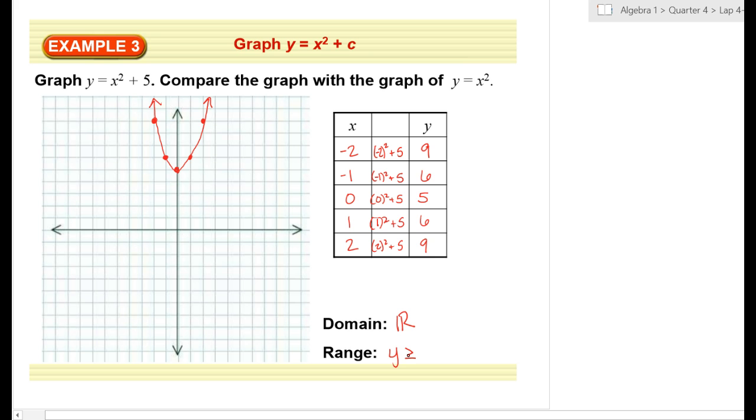If it's facing down, it'll be y less than or equal to. Now I want to look to see where my max or my min is. Well, again, since it's facing up, it's a min, and it's here at 0, 5. So my range goes up from 5. So my range is y is greater than or equal to 5.